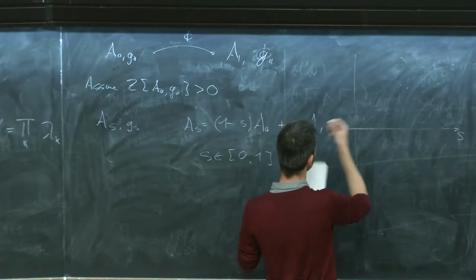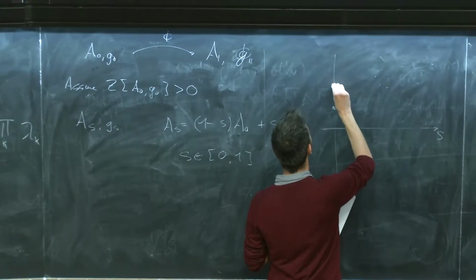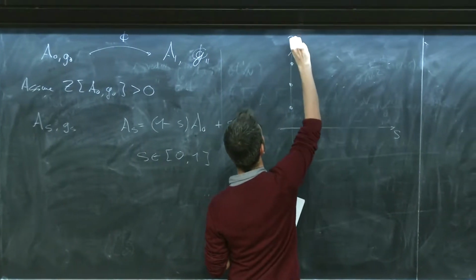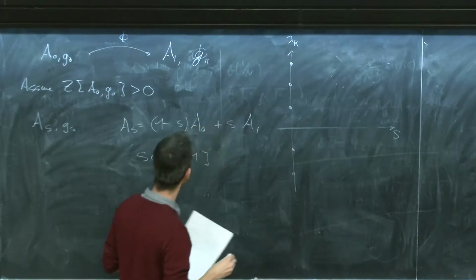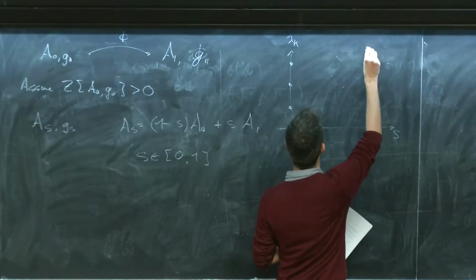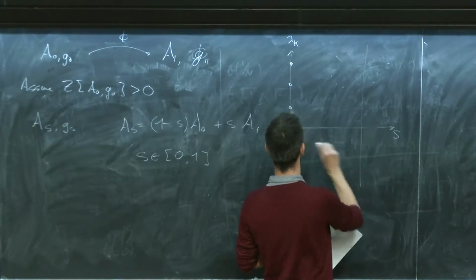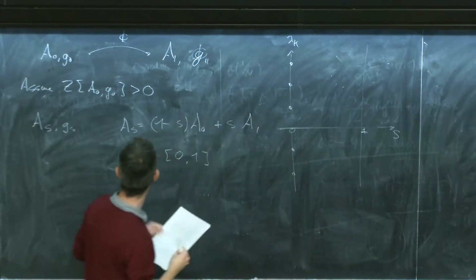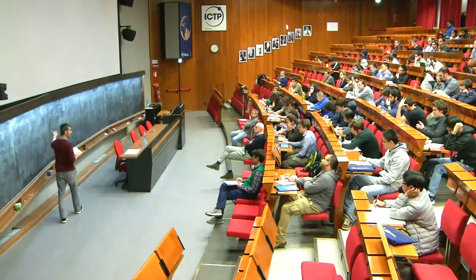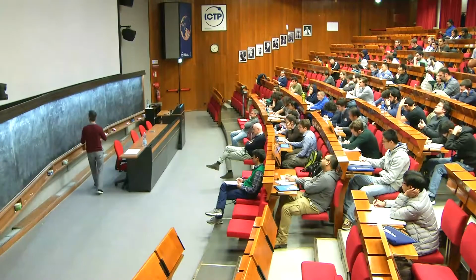So we start at 0, and there will be some spectrum for these eigenvalues. Now at 1, this is just a gauge transformation, and the spectrum of the Dirac operator is gauge invariant, so we're going to get the same spectrum.